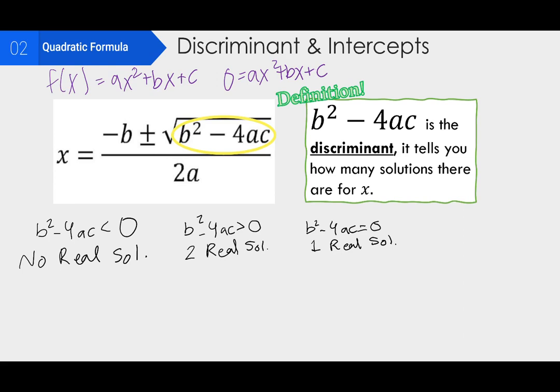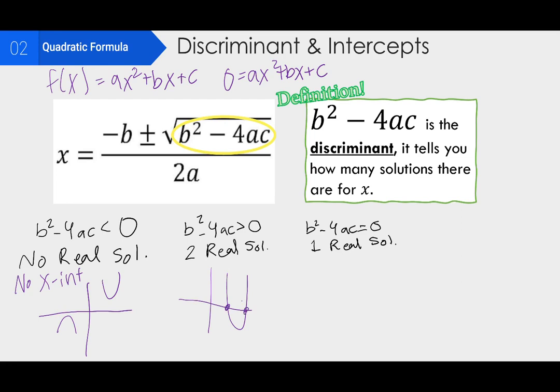So if we know that there is a negative discriminant and there's no real solution, that means also that there are no x-intercepts. So your parabola is going to look something like this, or even facing the other way, right? If your discriminant is greater than 0, if it's positive, that means you have 2 real solutions, which means you will have 2 x-intercepts.